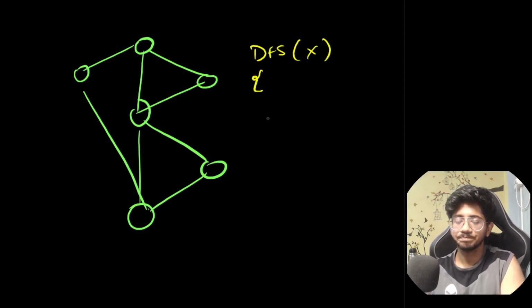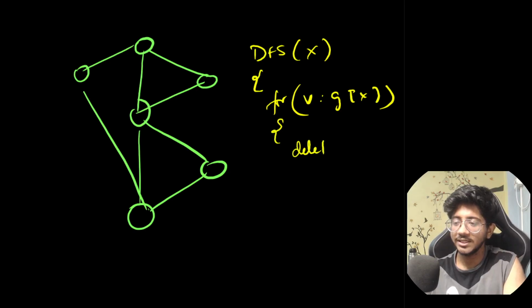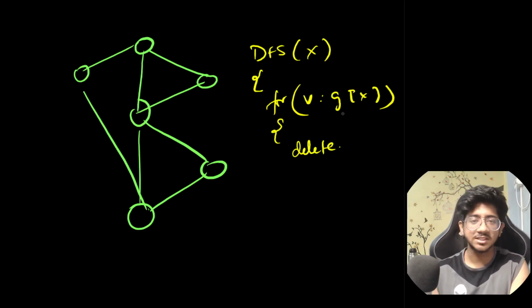So Hierholzer's algorithm says that we will write a DFS in this way, DFS for a particular node X. There is no need to visit anything or mark anything as visited in the DFS. What we will do is, for every neighbor v in g of x, the neighbors of x, if this edge is not visited because it's present in the graph, we delete it.